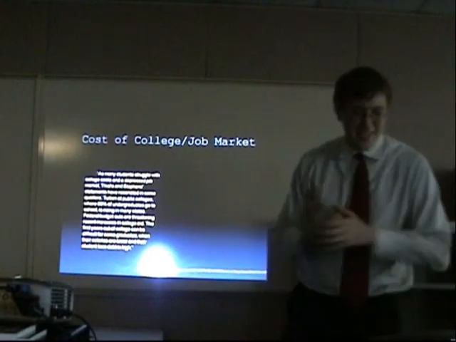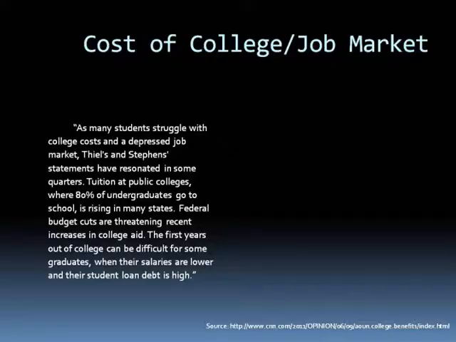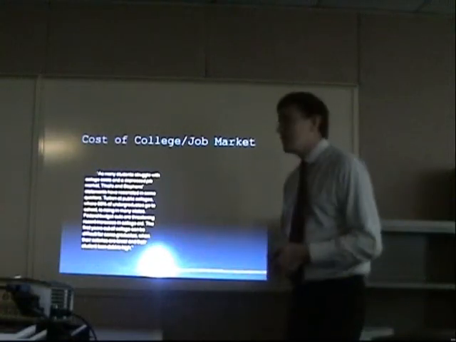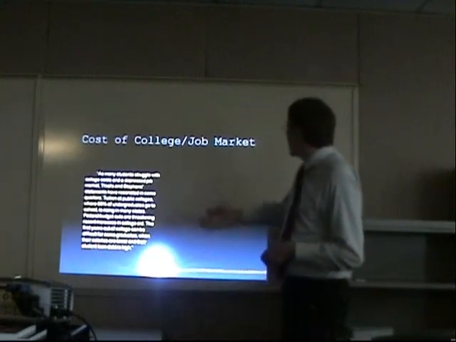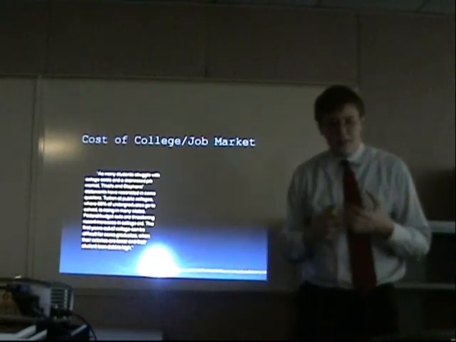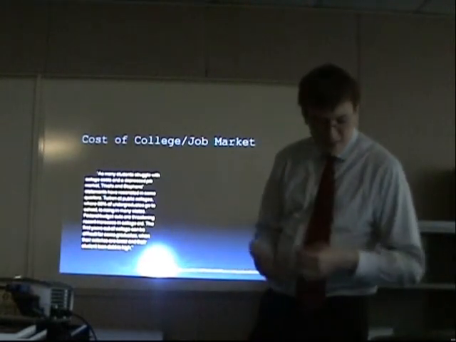Okay, so this is what you would do when you're writing the notes. Now you would put a new heading, a new section. Okay, and this is some of the points that are supporting Peter Thiel's statements. The cost of college and the job market. Those are two of the main things that are making things resonate.